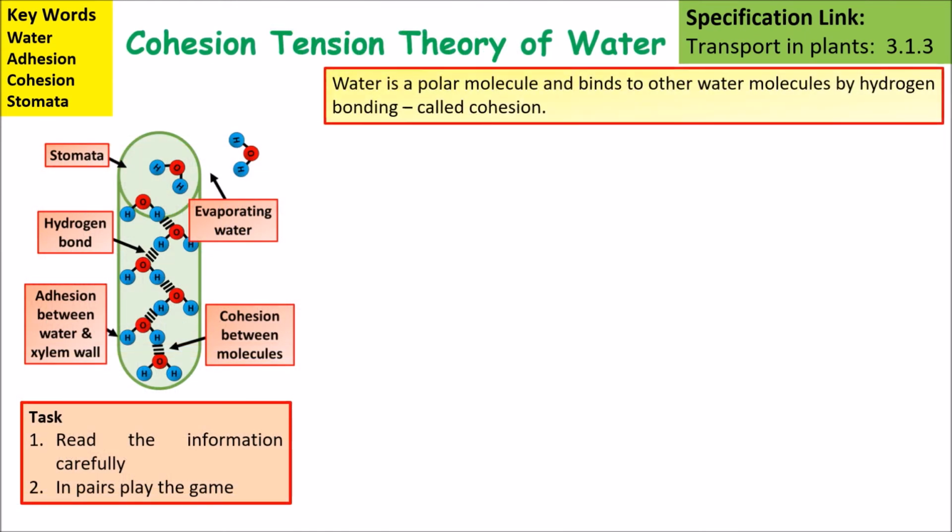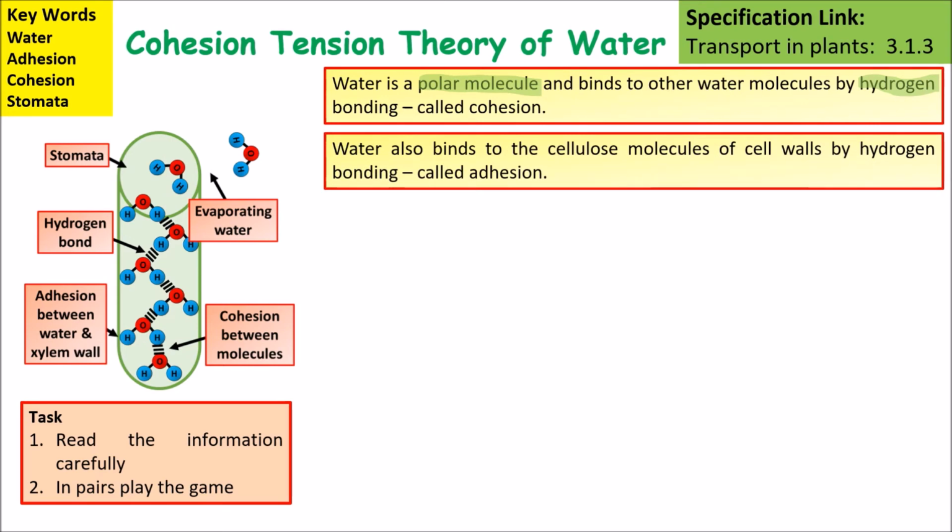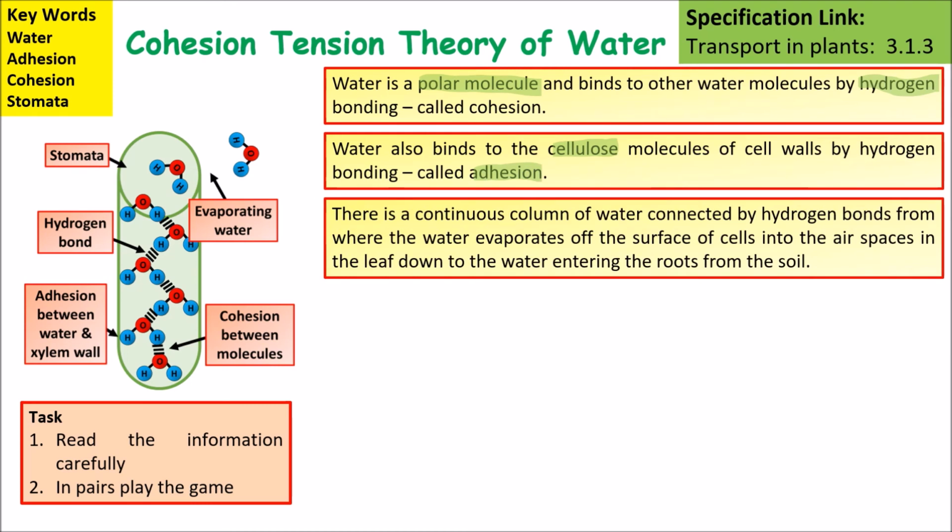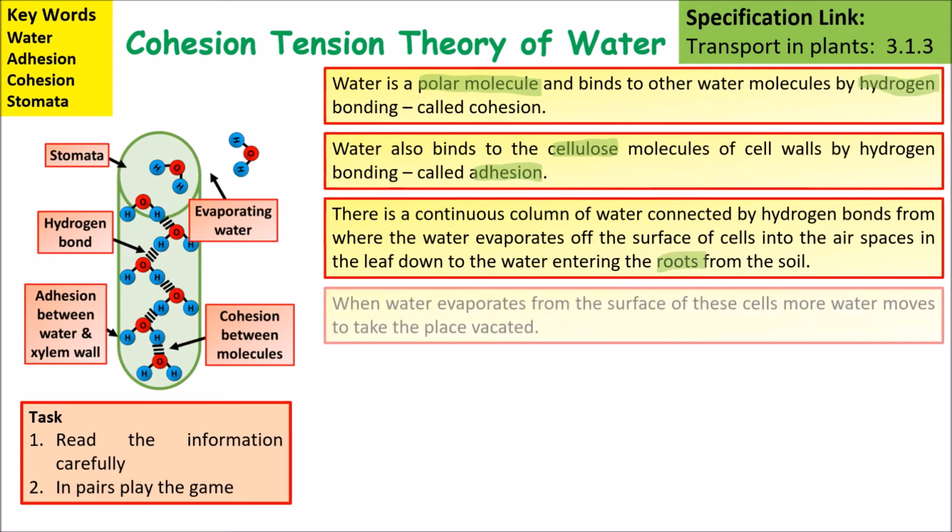Right, if we look at the cohesion tension theory, water is a polar molecule and binds to other water molecules by hydrogen bonding, called cohesion. Water also binds to the cellulose molecules of the cell walls by hydrogen bonding, called adhesion. There is a continuous column of water connected by hydrogen bonds from where the water evaporates off the surface of the cells into the air spaces in the leaf, all the way down to where it is entering the roots from the soil.